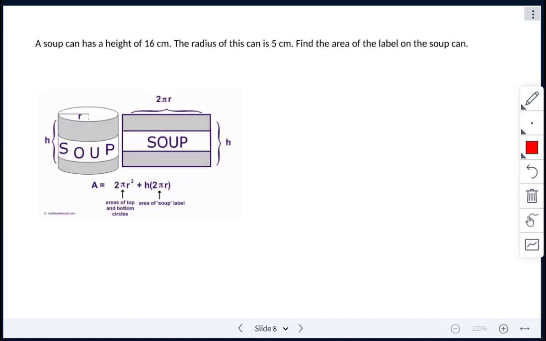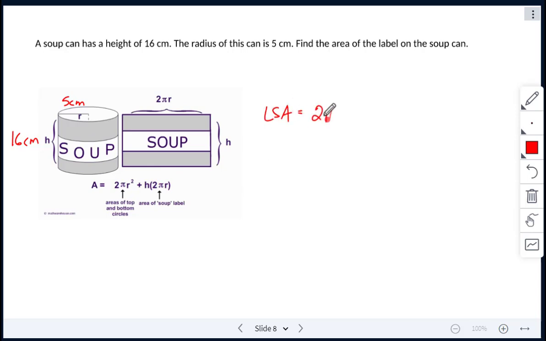All right, so for this question, the soup can has a height of 16 centimeters. The radius is 5 centimeters. And we're to find the area of the label of the soup can, which is just 2 pi r times the height, which is its lateral surface area.